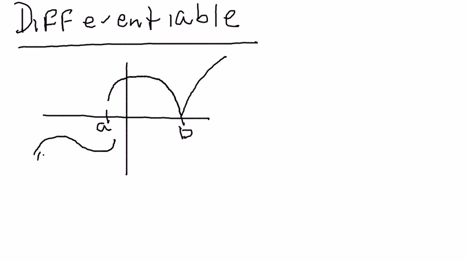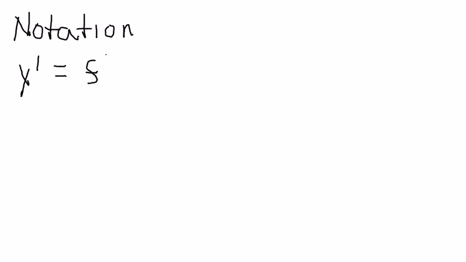There are lots of different derivative notations, lots of different ways of writing it. Let's say that if we want to find the derivative of something that is y, we can write it as y prime. If it's f of x, we write it as f prime of x. This is the first derivative.